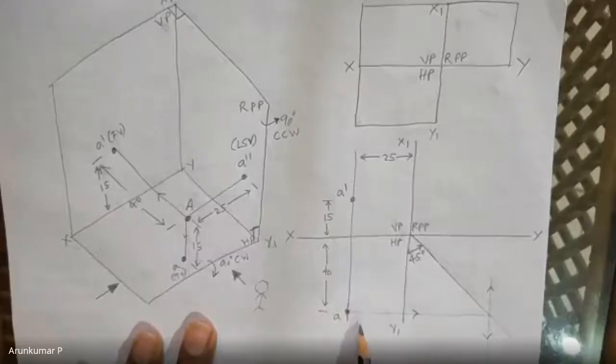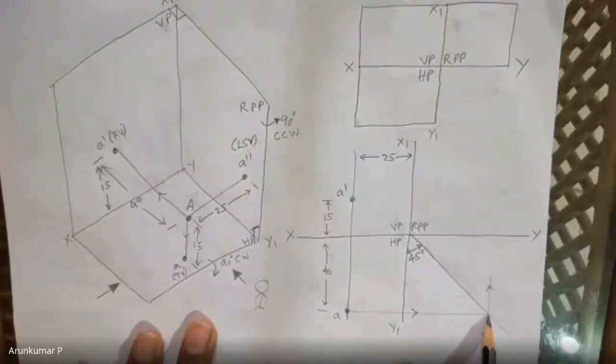Now see, I projected the top view onto the median line, and from here you have to decide whether you want to go up or down. That decision will be taken based on where the front view is. In this case, is the front view in the upward direction or in the downward direction? Upward.